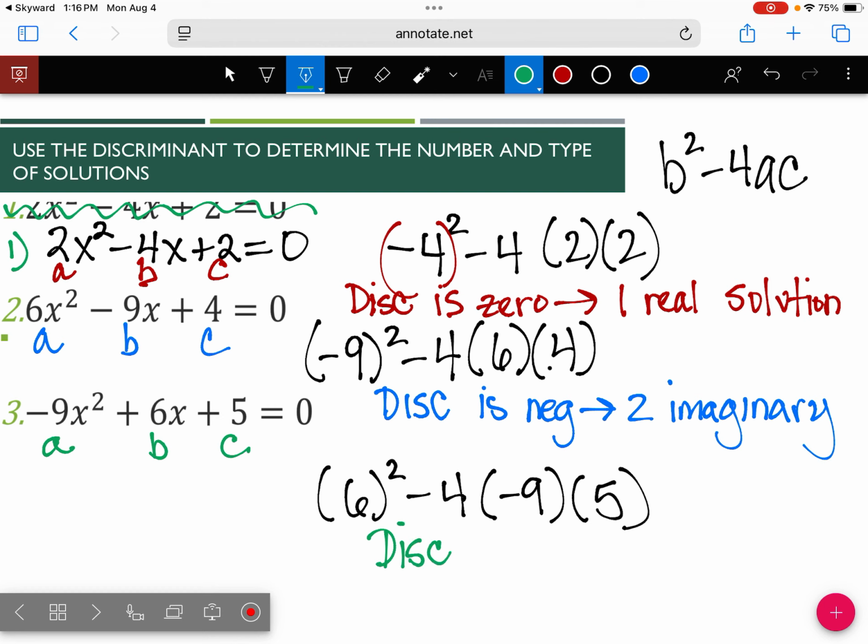All right, who got a negative number? Who got a positive number? Who got 0? It's positive. So the discriminant is positive, which means what? 2 real solutions.